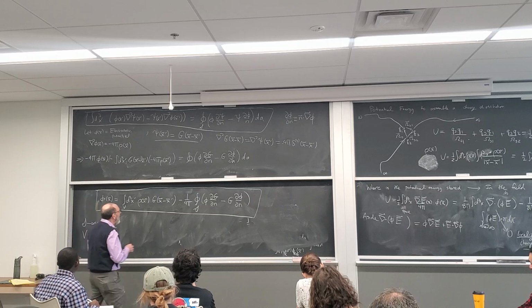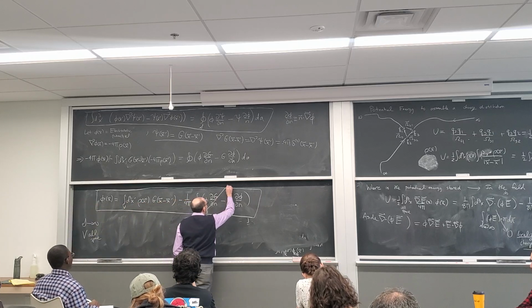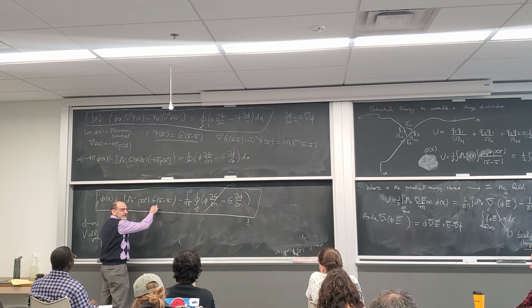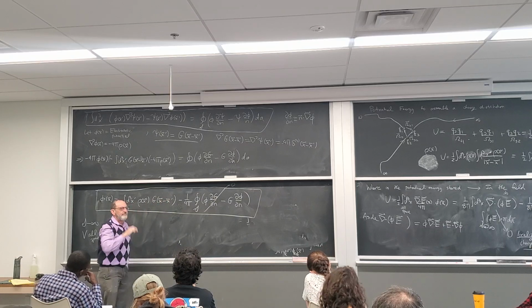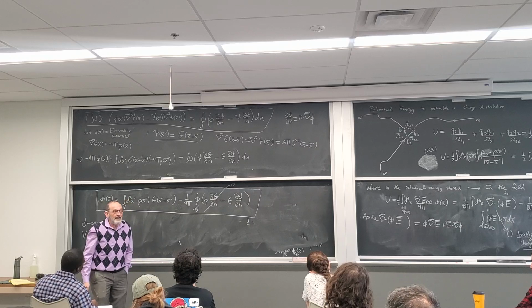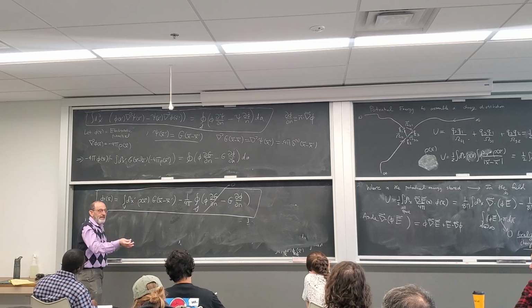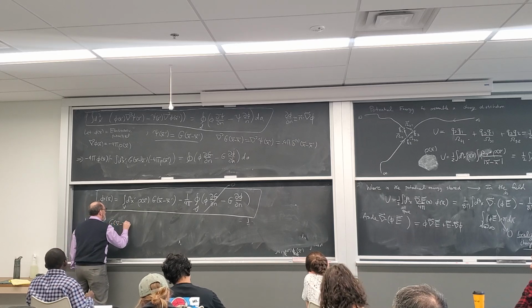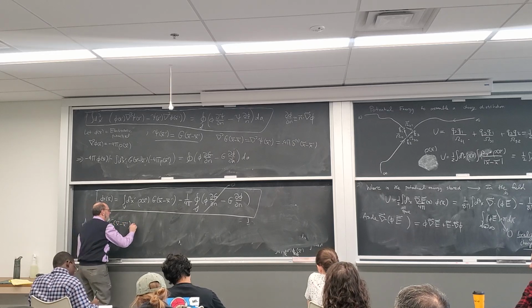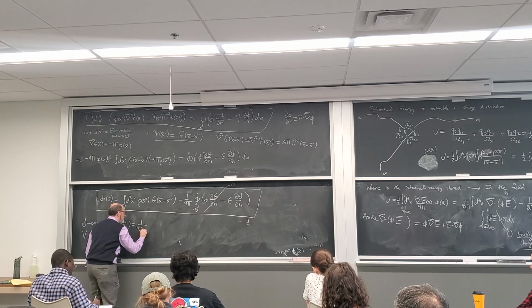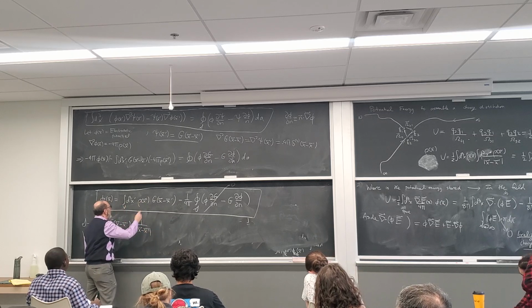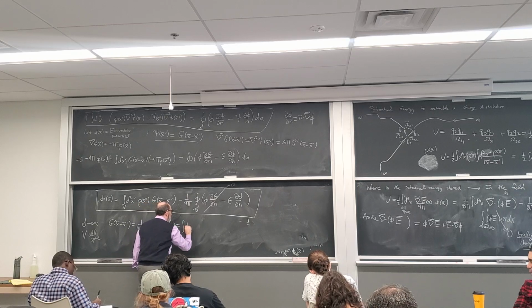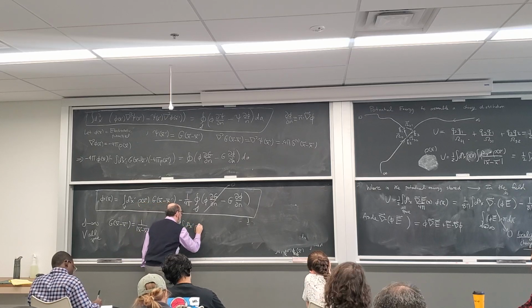So in that case, this term is 0. And what is the Green's function? 1 over r, 1 over the distance from the point. So in that case, this is equal to this, and we get the solution to Poisson's equation that we've already written down.